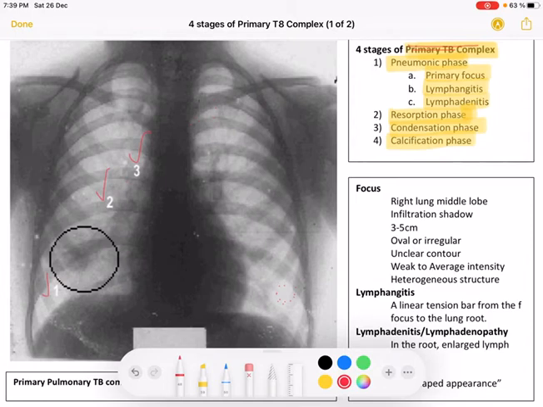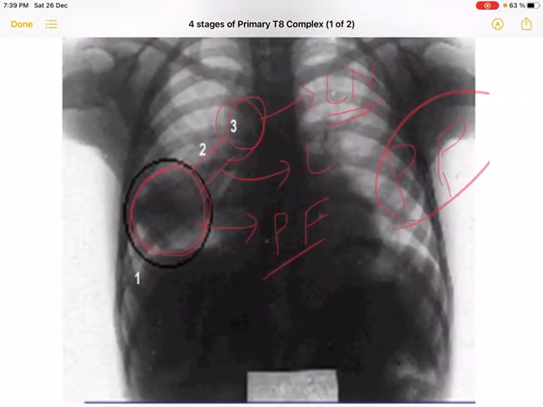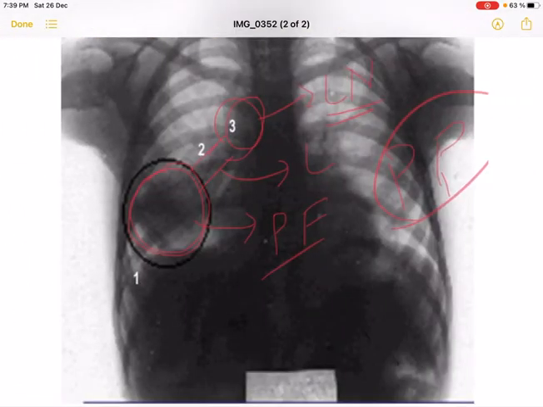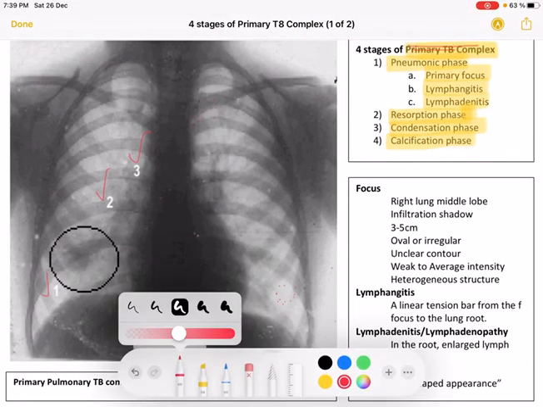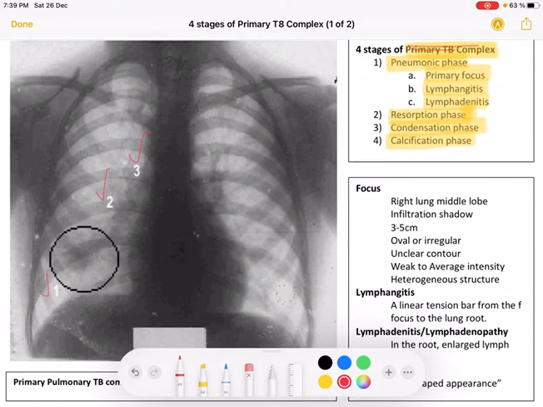In the previous image everything is larger and bigger, but here the focus is not so big. Previously it was 6 to 7 centimeter. Now it has shrunk because of the body immunity, and is smaller, approximately 3 to 5 centimeter.